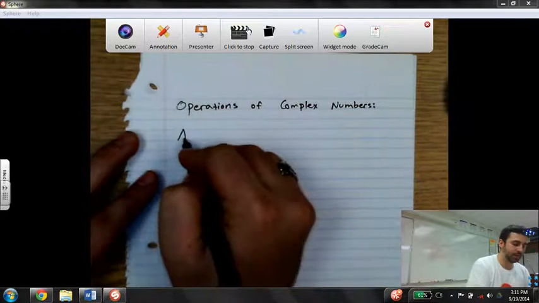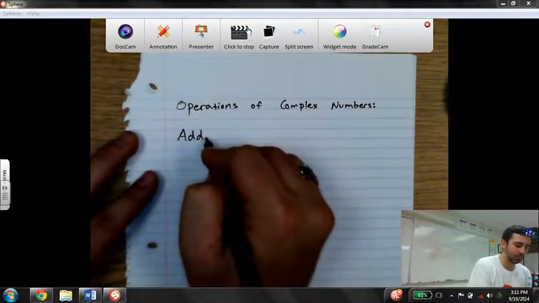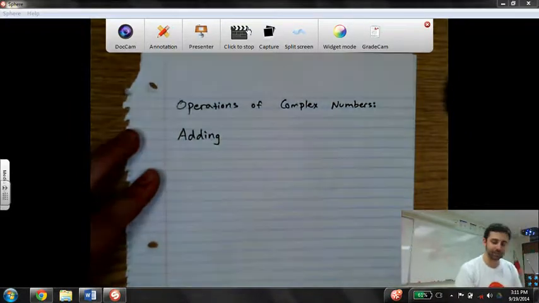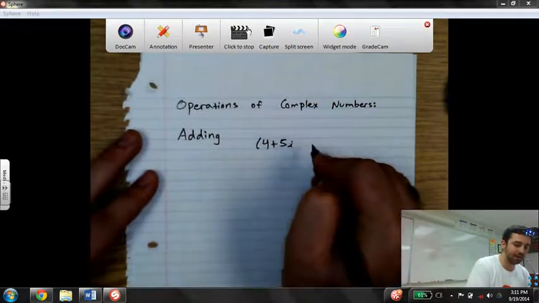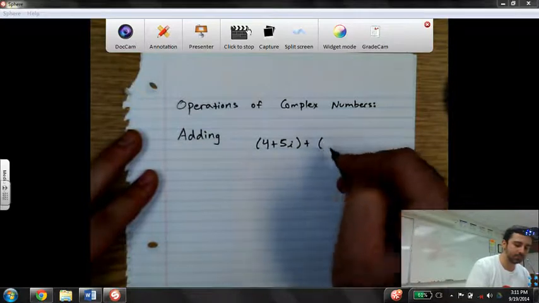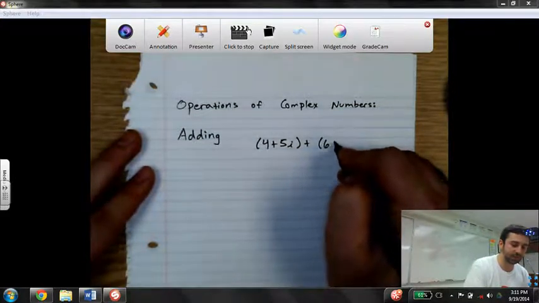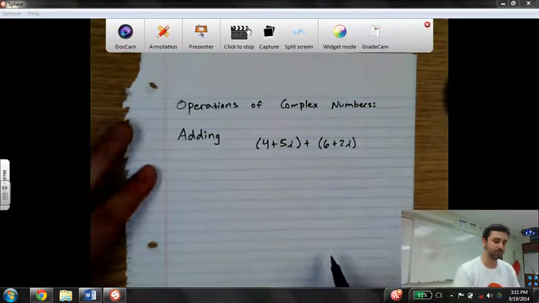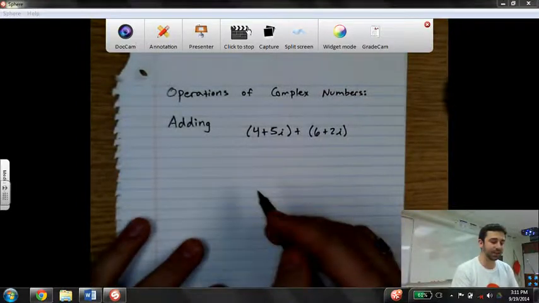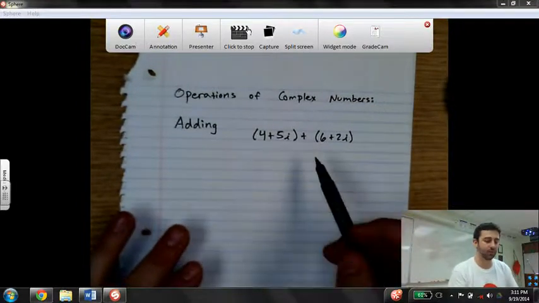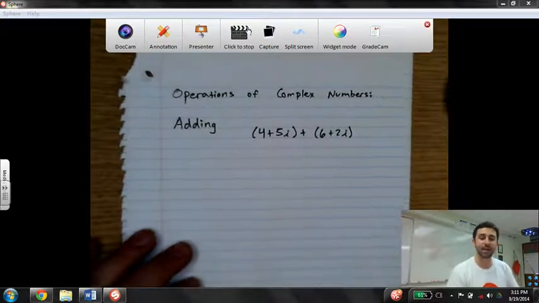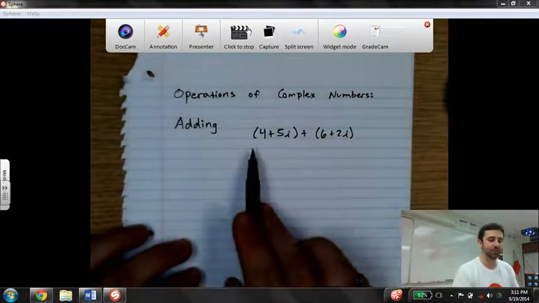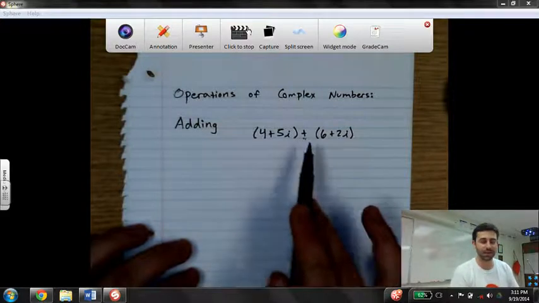So, for instance, when we're adding complex numbers, such as 4 plus 5i plus the number 6 plus 2i. When adding these, it's just like adding an algebraic expression with variables. You have to combine like terms. And so, given that it's just a plus sign here, I don't need parentheses.